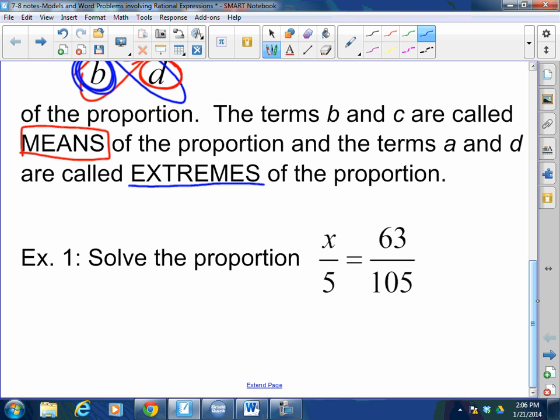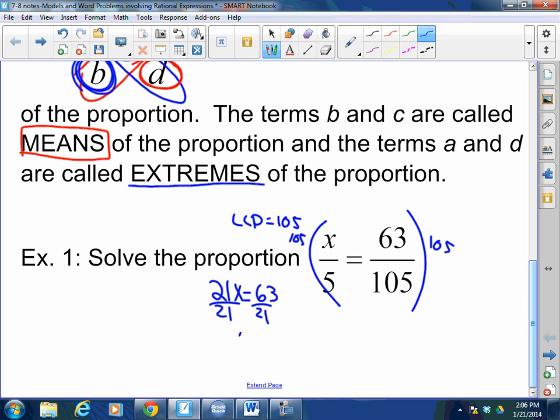What is the LCD here in this particular case? 105. So if I multiply everything by 105, that's going to give me 21x equals 63.